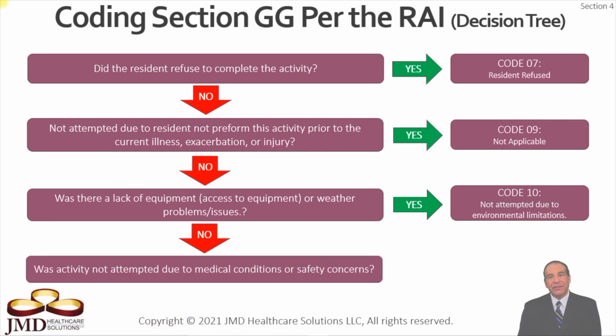If you say, no, that wasn't it. No, it wasn't, nothing going on like that. Was activity not attempted due to medical conditions or safety issues? Maybe the doctor says, hey, I want Mrs. Smith on bed rest for the next week and a half. It's too late. No section. Now, could you go back and do an IPA? Yeah, you could, if it changes it, if it makes it any better, and the reimbursement's going to be higher. After that 2 weeks has gone by, she's able to do her walking again.